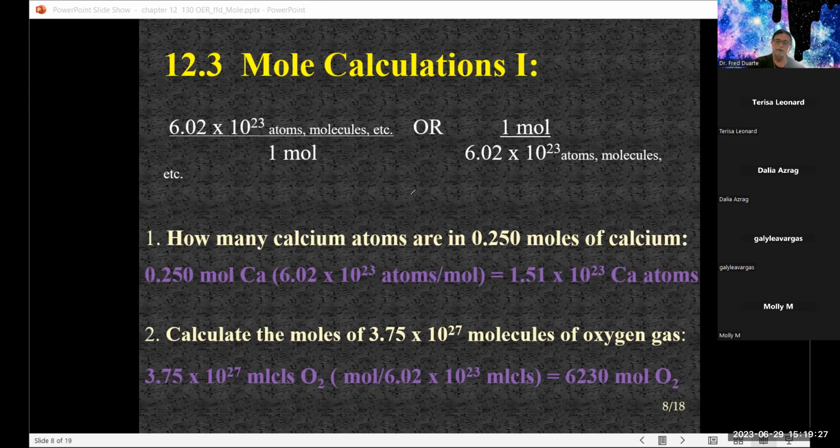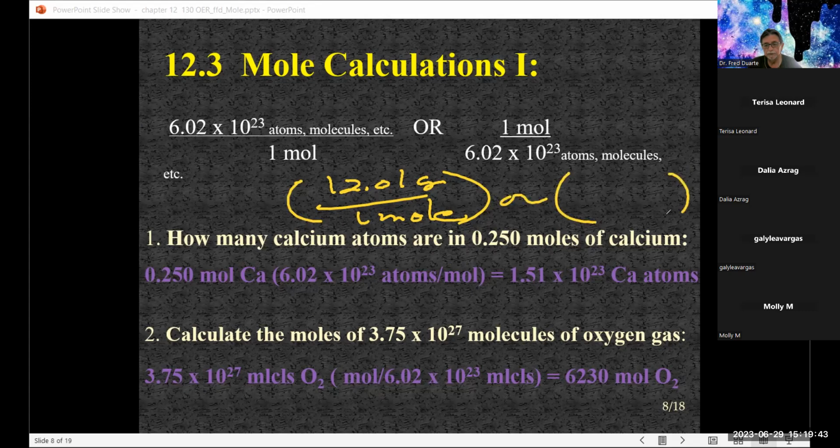The atomic weights, remember this: for example, carbon had an atomic weight of 12.01 grams per mole. I can write it like that or invert it: 1 mole of carbon is equal to 12.01 grams.